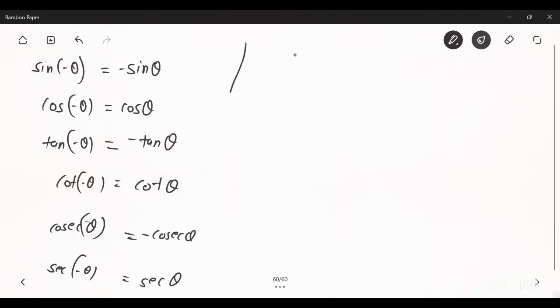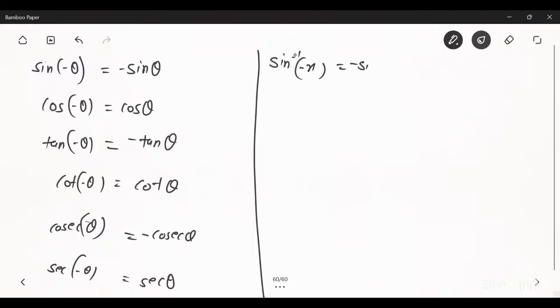Now in inverse trigonometric functions, if a minus sign comes inside sine inverse, then you will get minus of sine inverse x. Cos inverse of minus x is equal to pi minus cos inverse of x.